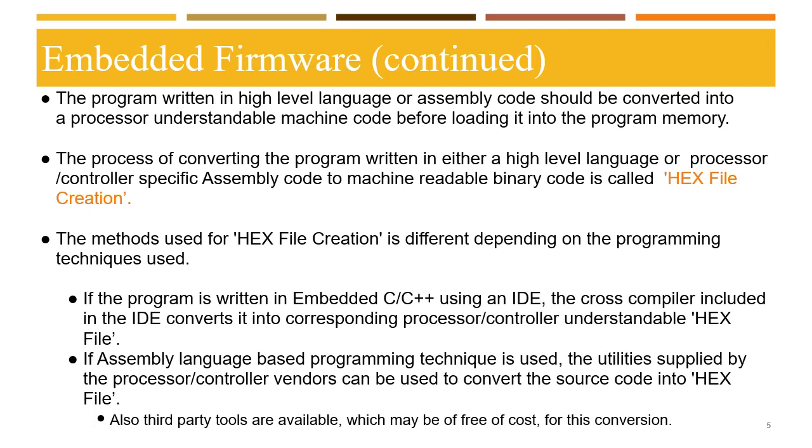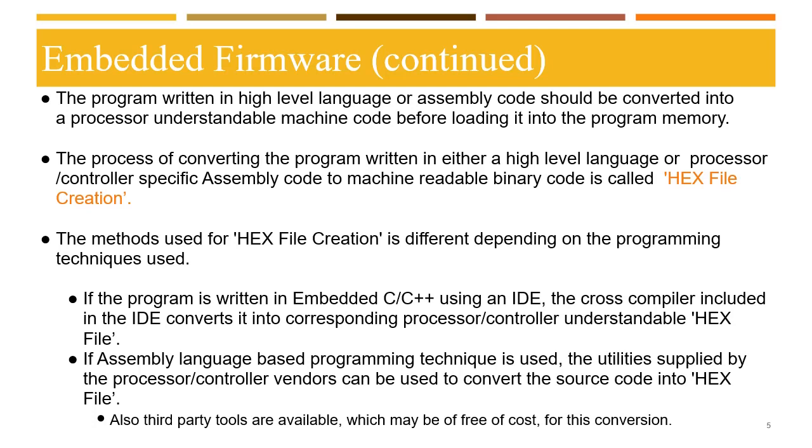This hex file creation is different depending on the programming technique we have used. That means it varies depending on whether you have written the program in embedded C or C++ using an IDE, or in assembly language.